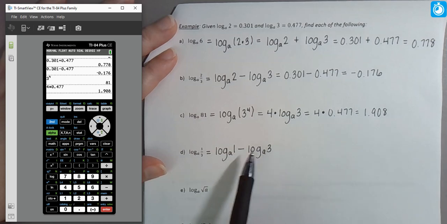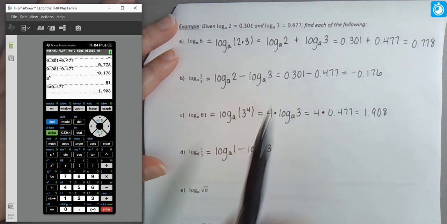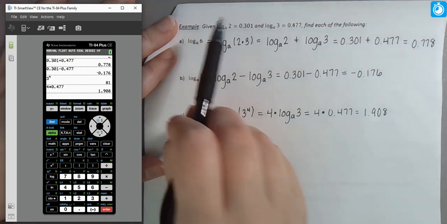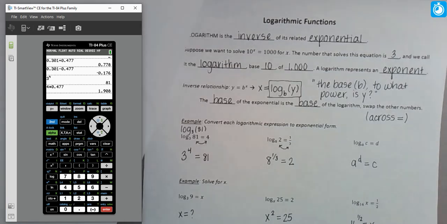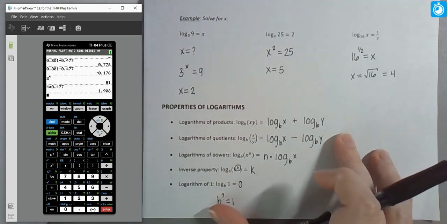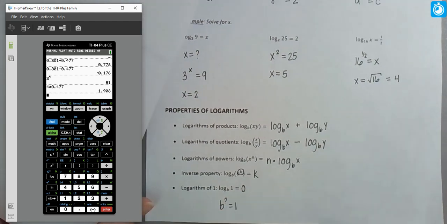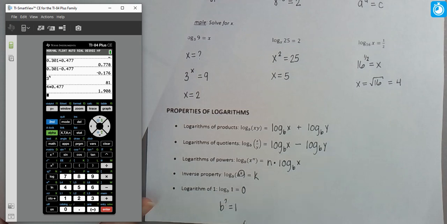Well, log base A of 3, we have a value for that. But what about log base A of 1? It doesn't look like we've been given that value. But wait, remember, flip back over. The very last property we have: the logarithm of any base applied to an input of 1 is identically equal to 0.